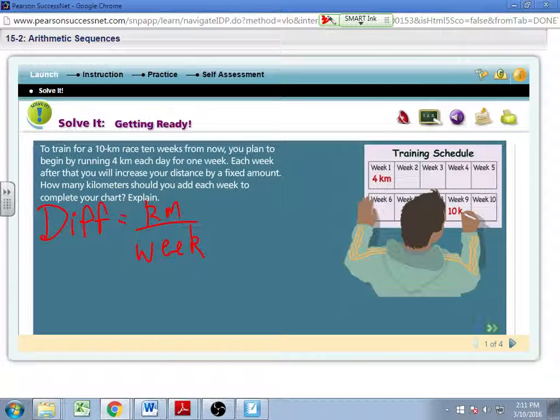So, how many weeks do we have to get to 10 kilometers? 8 more weeks, right? Because I'm already running 4. So I've got 8 weeks to increase by how much? 6 more kilometers. So, we could simplify this to 3/4.